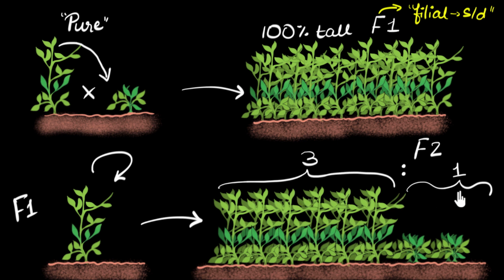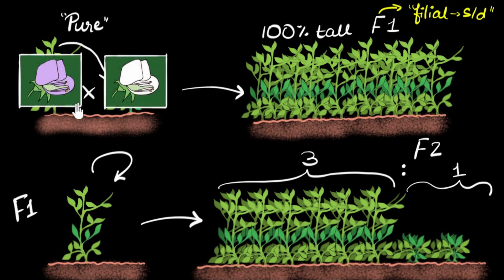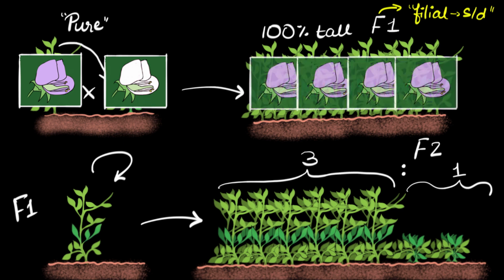And you know why this number is so important? Because it's not random. It turns out he gets the same answer for all the characteristics that he experiments with. For example, when he takes the color of the flower into consideration, again, he takes a pure purple colored pea plant and crosses it with a pure white pea plant. In the first generation, you know what he gets? A similar result.